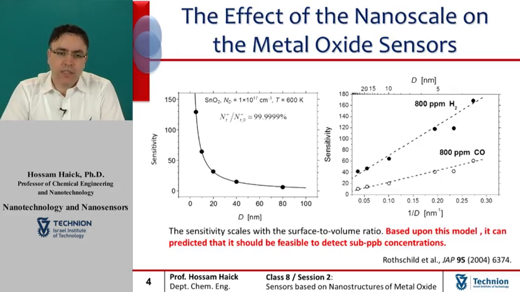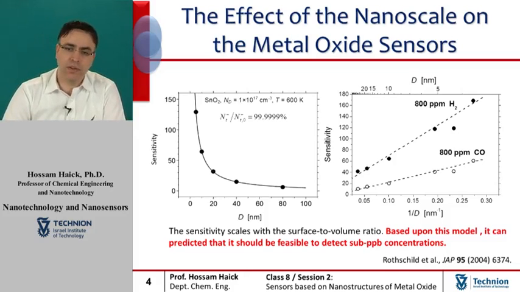Considering that the detection limit of the state-of-the-art sensors typically lies in the 1 ppm range, it appears that we are far away from tapping into their real potential. Indeed, you will see later that ultra-sensitive sensors have been developed that can detect sub-ppb levels, and I believe that there is plenty of room for further improvements in this field.